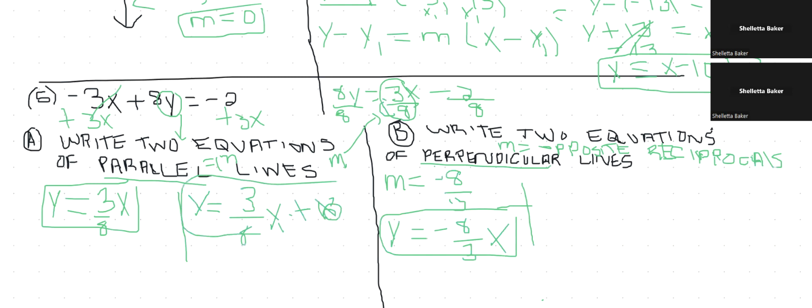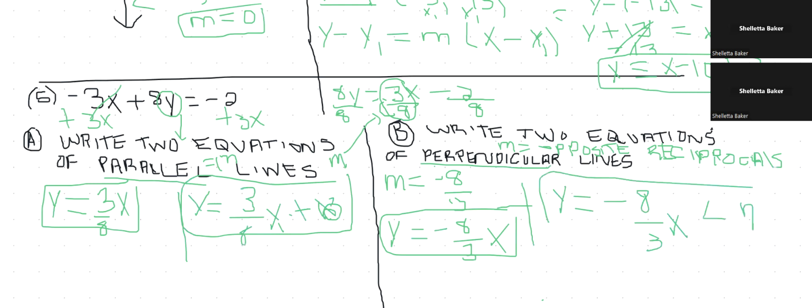And then for equation 2 over here, y equals negative 8/3 x, and then some other y-intercept, so minus 7. And then you're done. You have your two equations of lines that are parallel and two equations of lines that are perpendicular.